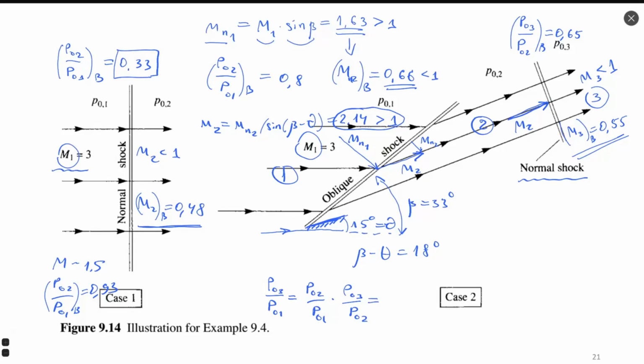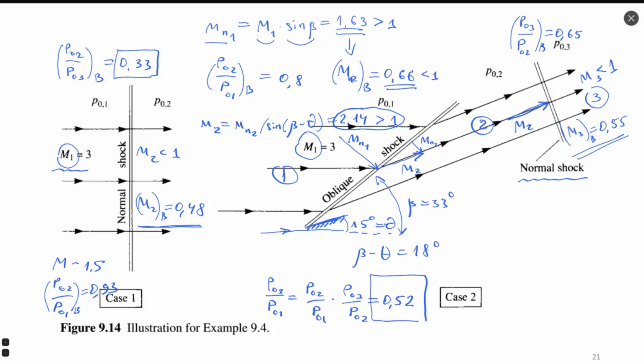These values I already have, so I will just calculate the product of these two values. I multiply 0.8 by 0.65, which gives 0.52. That's the efficiency in case 2.